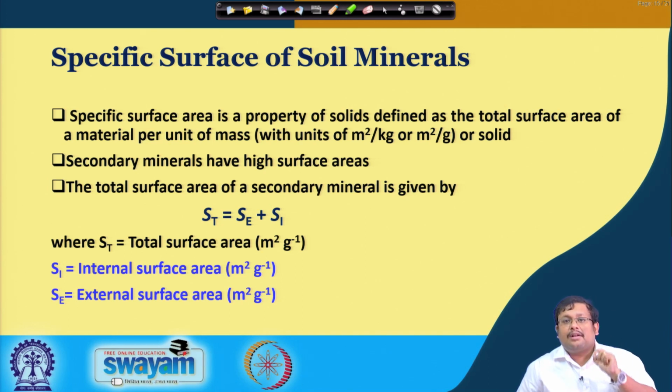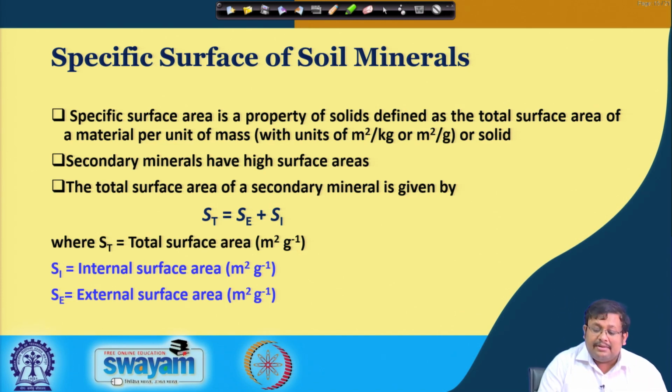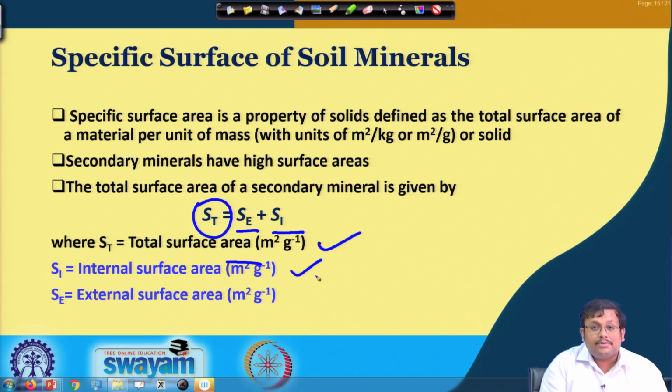They are the end product of all types of weathering, both physical and chemical weathering. The total surface area of the secondary minerals is given by ST = SE + SI, where ST is the total surface area in square meter per gram, SI is the internal surface area in square meter per gram, and SE is the external surface area, that is square meter per gram.